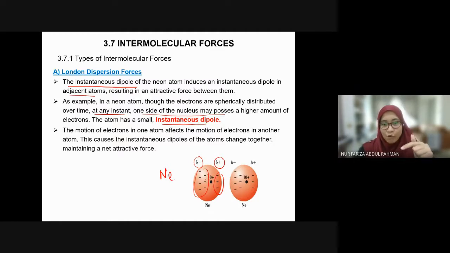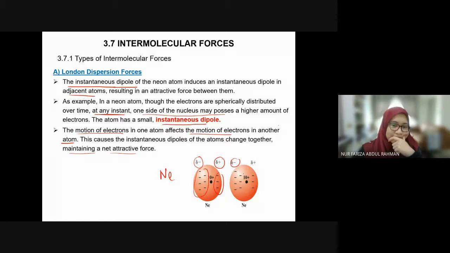So bila wujudnya temporary dipoles ni, slightly negative, slightly positive, the motion of the electron in one atom will affect the motion of electron in another neon atom. So this causes the instantaneous dipoles of the atoms to change together, maintaining a net attractive force. So bila wujudnya slightly positive charge here, it causes the neighboring neon to adjust their electron to be slightly negative here.